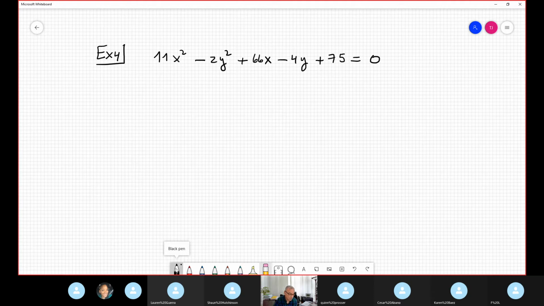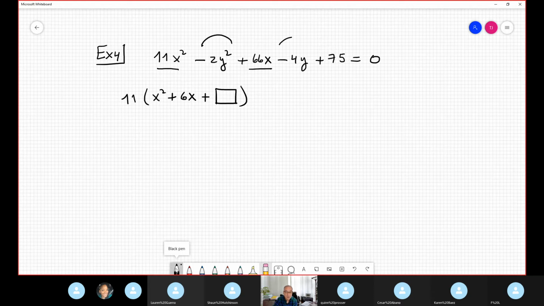Okay? So I propose grouping the x part as this and this. I can see that the greatest common factor is 11. I factor out 11: x squared plus 6x plus a box that contains the magic number that helps me complete the square.